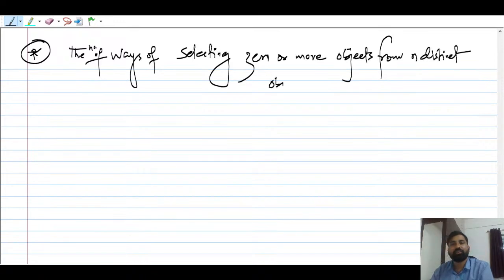N distinct objects. क्या आंसर आएगा बताओ? Anyone please tell me the number of ways of selecting 0 or more objects from n.